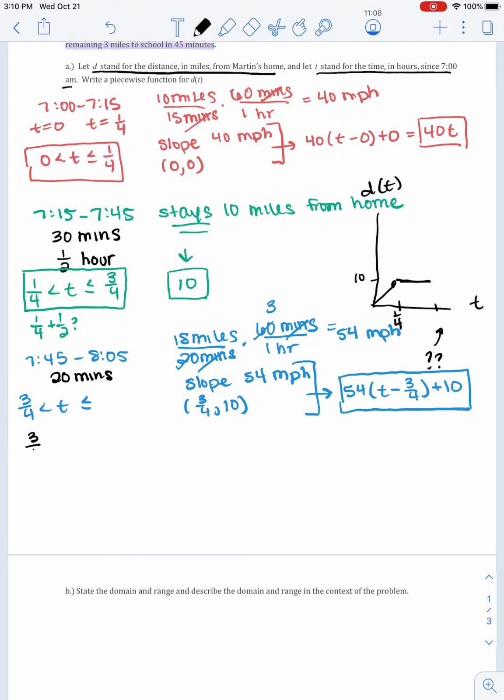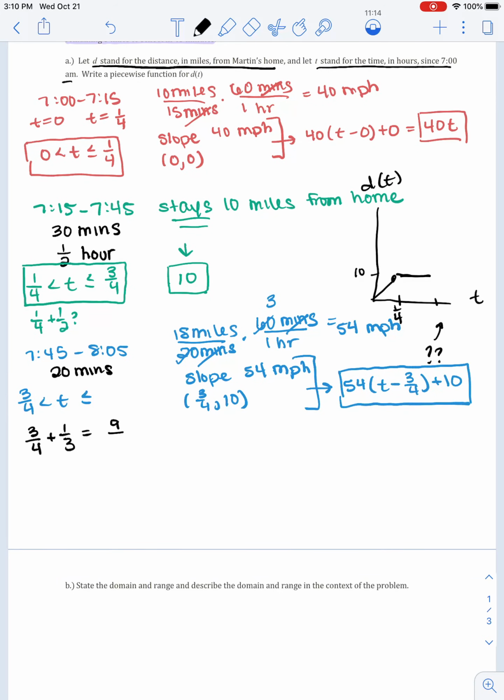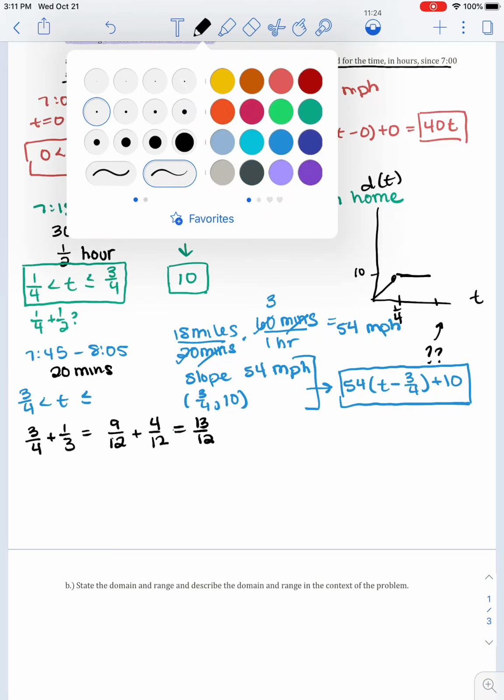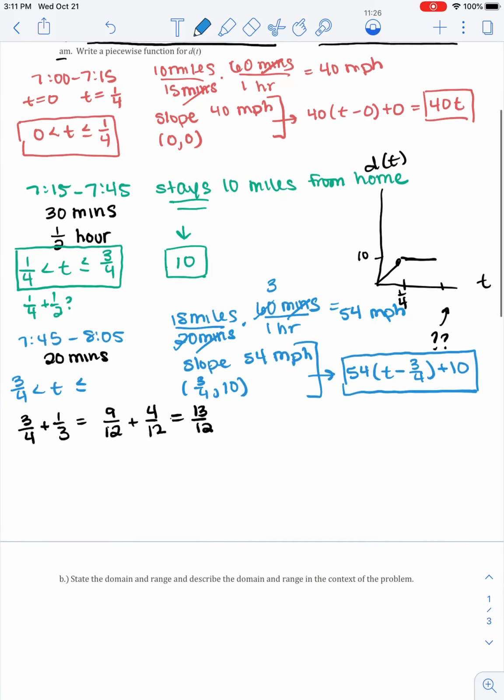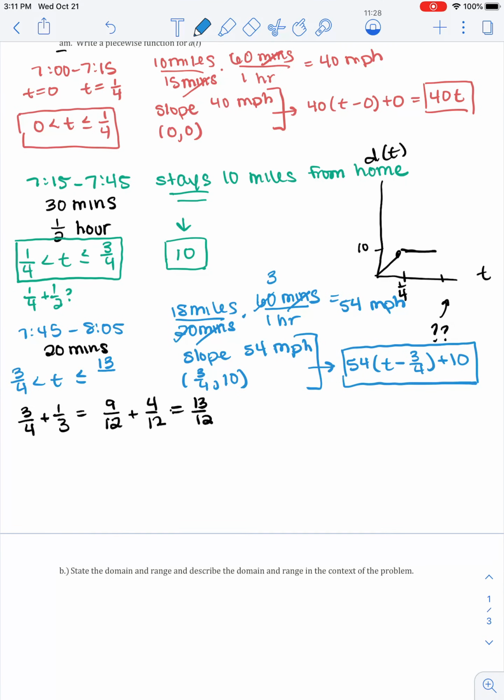We want to think 3/4 of an hour plus a third of an hour. Getting our common denominators would be 9/12 plus 4/12, which would give us 13/12. So 13/12 of an hour after 7 a.m., this part of Martin's commute ends.